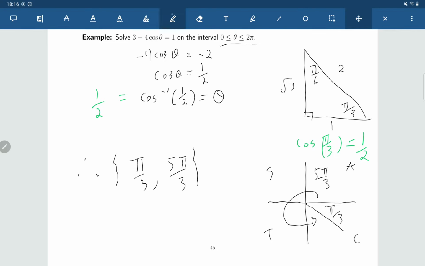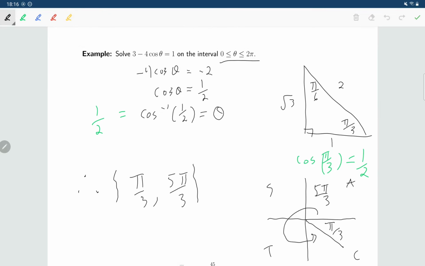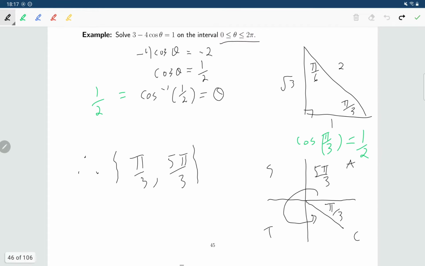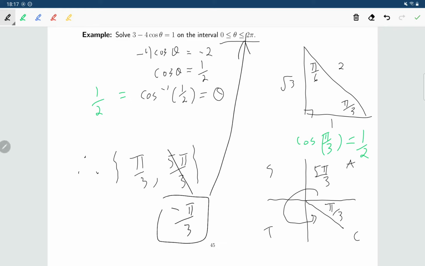I do want to be kind of careful here. Remember that when we're saying we're solving in this interval, then the values that I'm looking for have to be between 0 and 2 pi. So if you were thinking about the angle that I just talked about, 5 pi over 3, and you decided that you were thinking of it as negative pi over 3, even though, yes, those angles are equivalent to each other, they are coterminal, it's not the solution that we're looking for, because this would not be a value inside that interval.